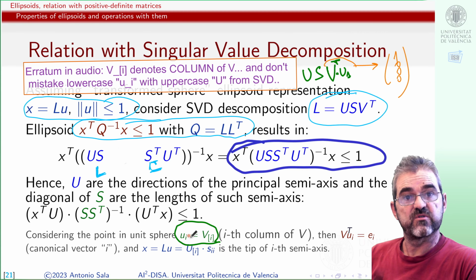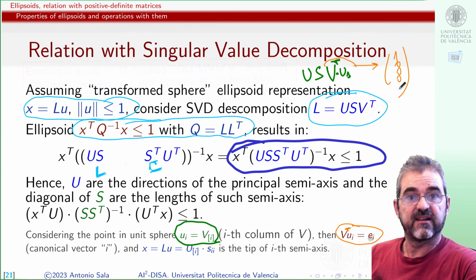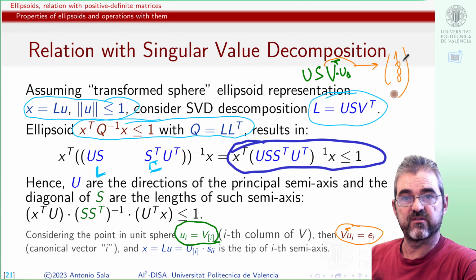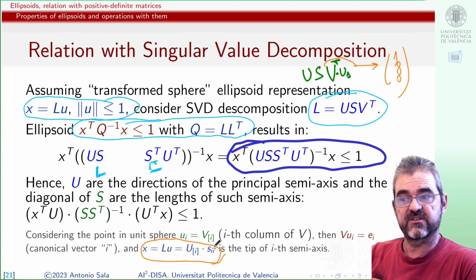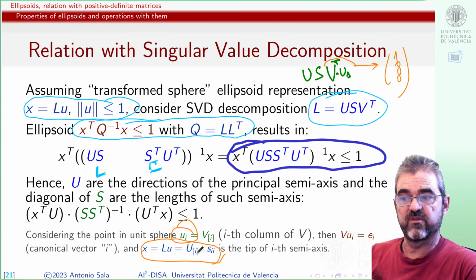And if I use the ith column, then I will have the canonical column vector with the 1 at the ith position and 0 elsewhere. And then I will get, carrying out operations, the ith column of U times the singular value at position i. So this u_i will be the point that maps to the principal semi-axis, the points that we were looking for.